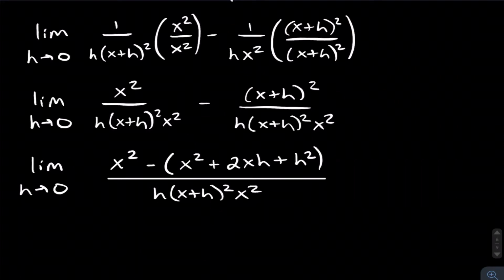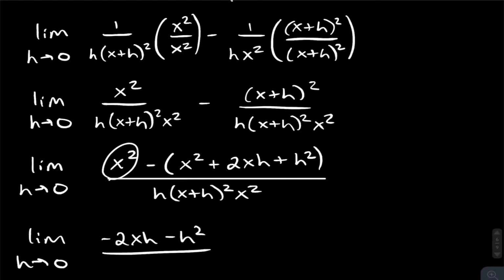Okay. So you still see here that we do have an h in the denominator, right? We still are going to end up with a 0 over 0 case. And so we haven't done anything yet, but watch what happens when we cancel out an x squared here, because as you'll see, this x squared cancels out with this x squared. Okay, we can simplify this to be the limit as h approaches 0 of negative 2xh minus h squared, right?